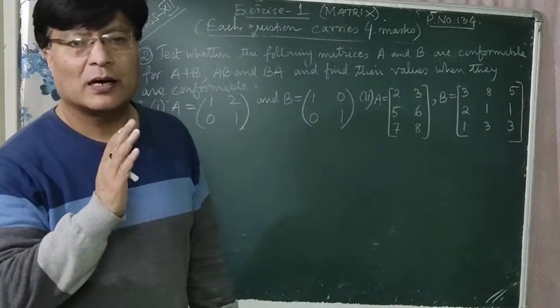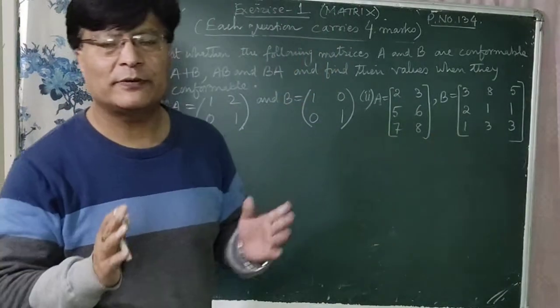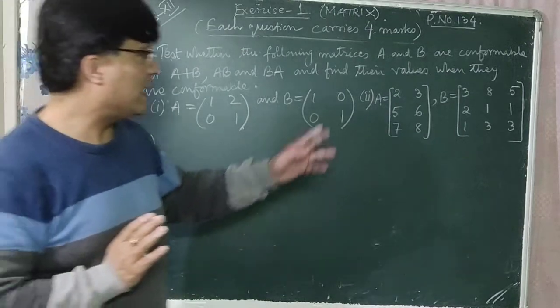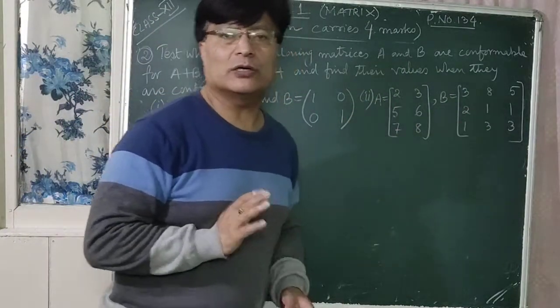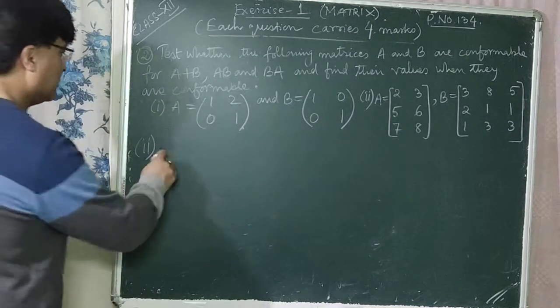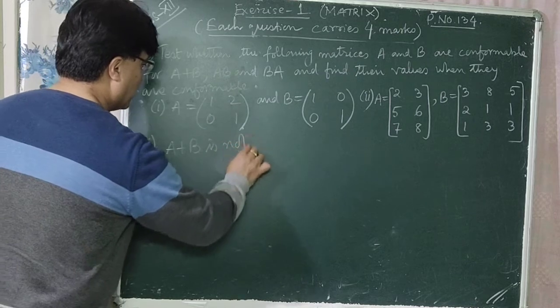That is, the order of the matrix B is 3 cross 3. That means they are not of the same order, so you cannot find out A plus B. So here A plus B is not conformable.